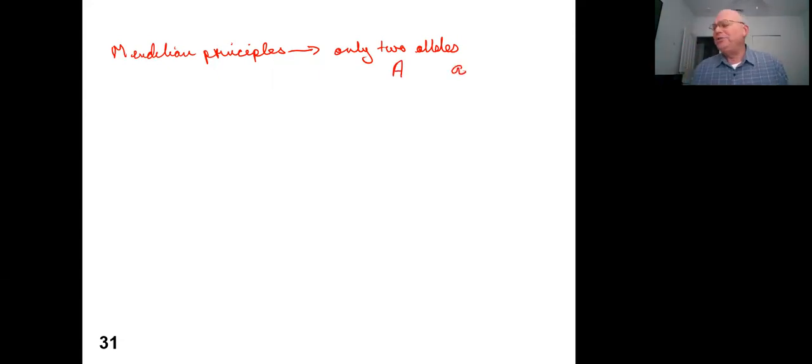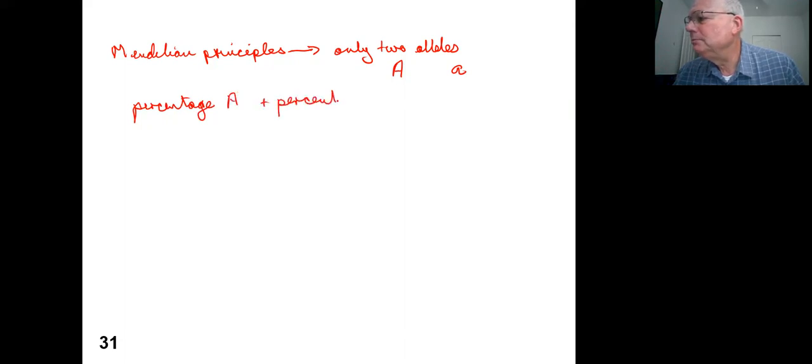So given that those are the two alleles that are available for a particular gene, it stands to reason that the sum total of those two alleles in the population must come to 100%, because they are the only two alleles present. So the percentage of big A plus the percentage of little a must equal 100%.